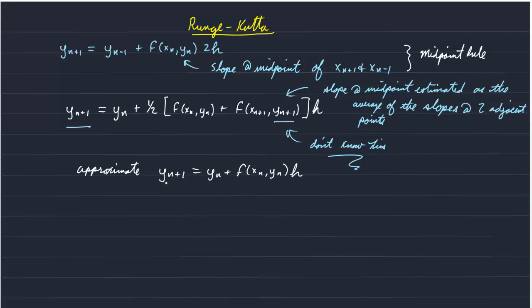So we're going to approximate y sub n plus 1 as y sub n plus the slope at the first point times h.